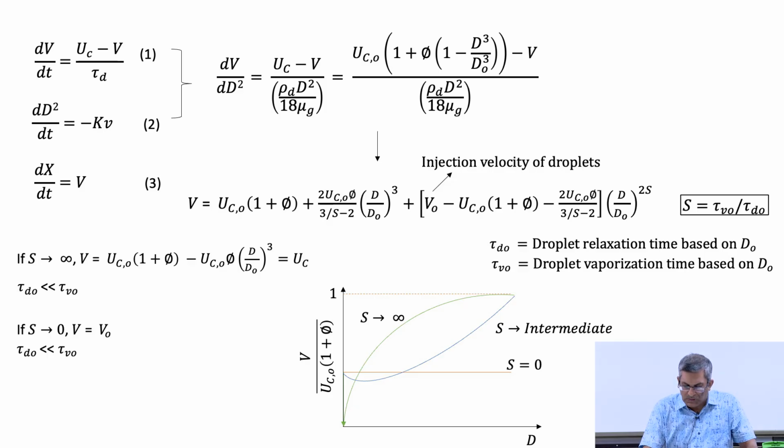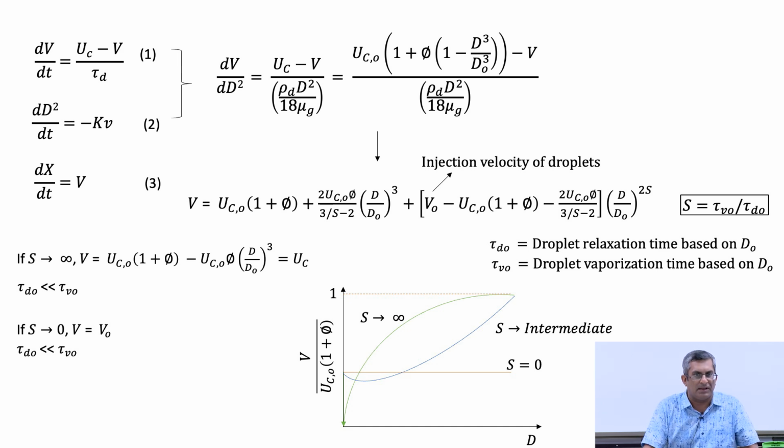Now here we have this parameter S, which appeared earlier also for the single particle equation. Basically this is the ratio of droplet vaporization time to droplet relaxation time, S, and V_0 is the injection velocity of the droplets. So now if we consider two extreme cases, first the case where this parameter S tends to infinity.